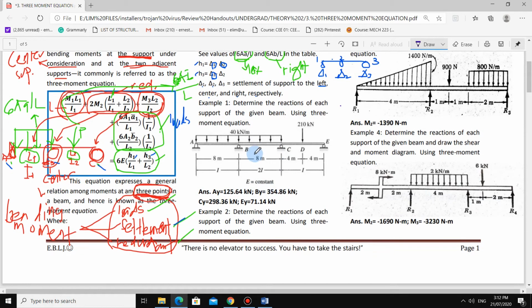Given this beam with 40 kilonewton per meter from A to B, and supports A, B, and C, and at point D, there is a 210 kilonewton load. Take note of I: A to B is I, then BC is 2I, and E is constant. We are tasked to get this, but I think in the example, the moments are obtained first. Then after that, use statics in order to get the reactions.